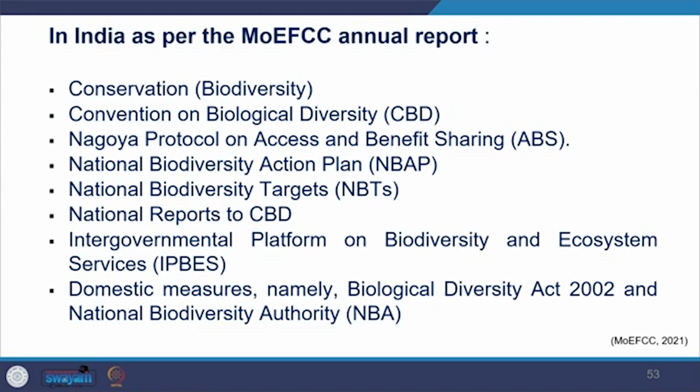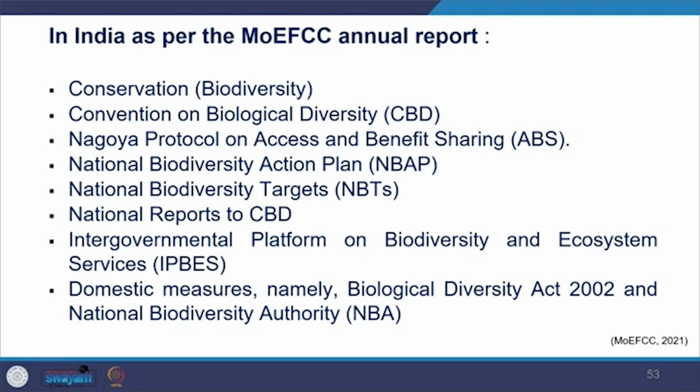In India, as per the MOEFCC annual reports, the areas of work dealt with in conservation of biodiversity are aligned with the conventions and related activities. You can see here the Convention on Biological Diversity, of which India is a part, and the Nagoya Protocol on access and benefit sharing, ABS.